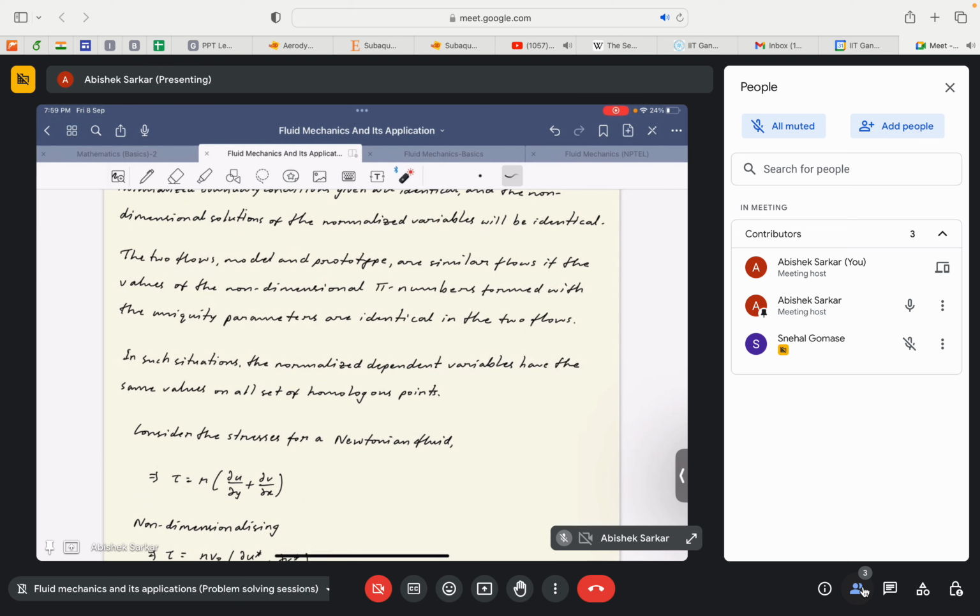See, there is an expression on the screen that shows that tau is equal to mu times dou u by dou y plus dou v by dou x. Since mu is a flow parameter, ideally there cannot be any scaling done for that. So can you tell how you can scale the velocity components in this case?